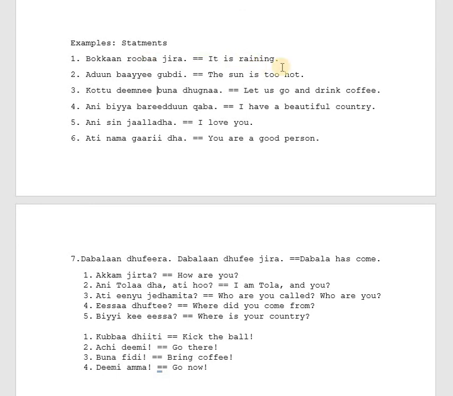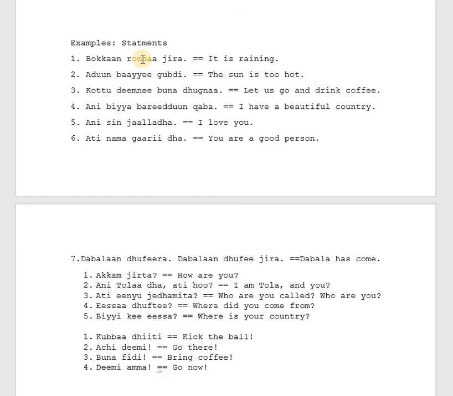If we have to say that in English, it's going to be messy and nobody understands. It's raining, roobaa jira. But mostly bokkaan roobaa jira. Bokkaan is rain and roobaa jira is raining. There are some similarities, but it's not an exact translation if you have to translate that.